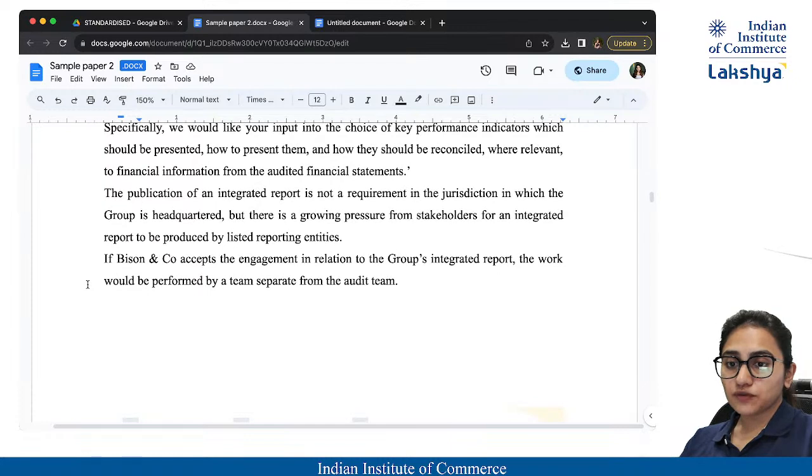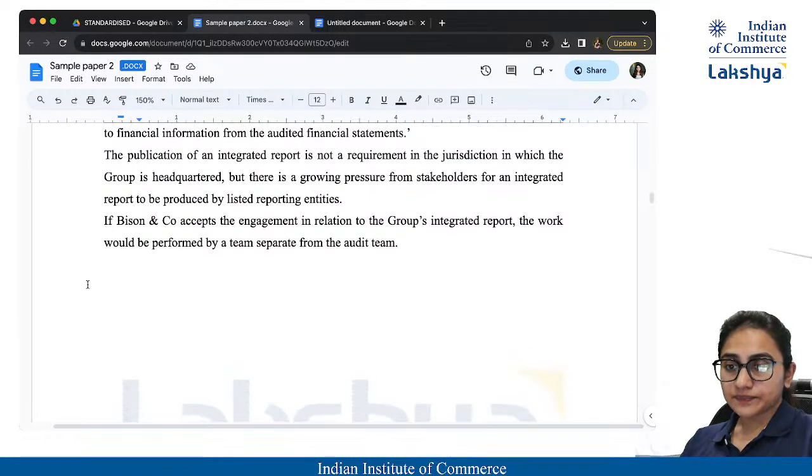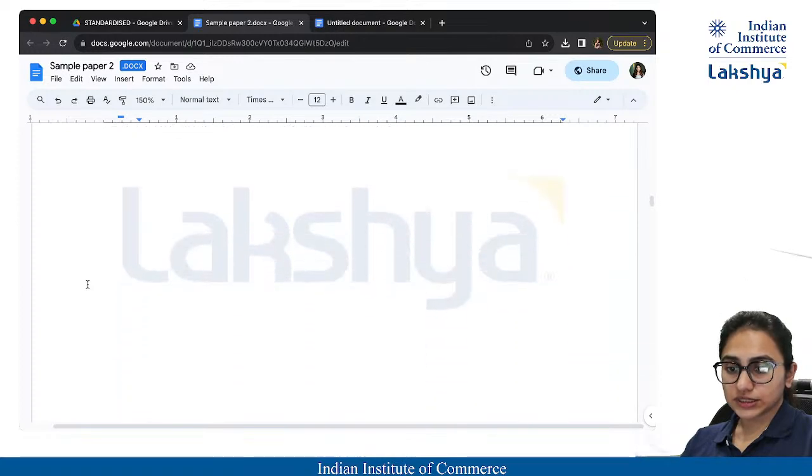The publication of an integrated report is not a requirement in the jurisdiction in which the group is headquartered, but there is a growing pressure from stakeholders for an integrated report to be produced by listed reporting entities. If Bisson and Company accepts the engagement in relation to the group's integrated report, the work would be performed by a team separate from the audit team.